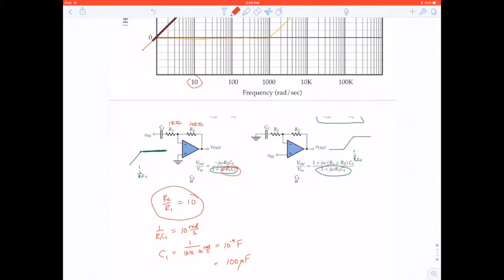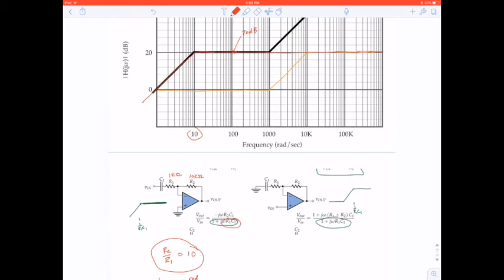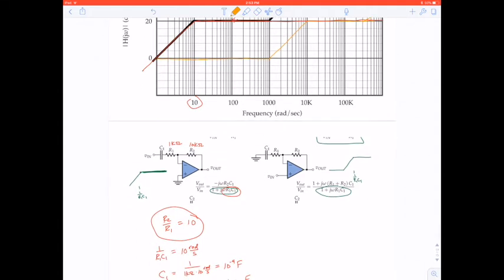All right, for the right-hand circuit, we would like to have a mid-band gain of also 20 dB. So let's change colors here so we can see that here the gain is also 20 dB. So we would like 1 plus, and let's renumber these for our circuit.